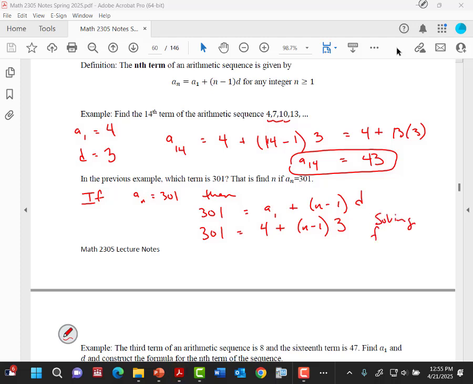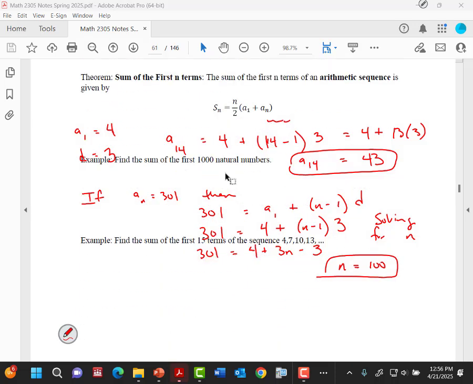So solving for n, 301 would equal 4 plus 3n minus 3. And then if I solve this through, I get n equals 100. So which term is 301? N equals 100. Excuse me, which term? The 100th term is 301.